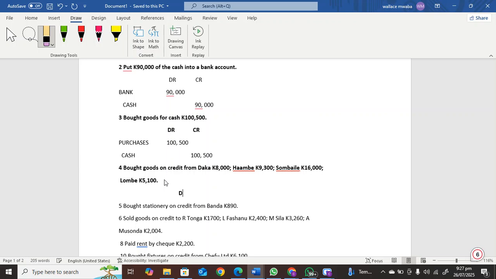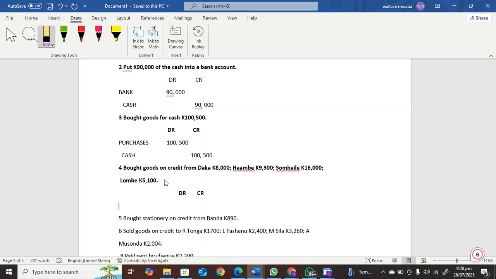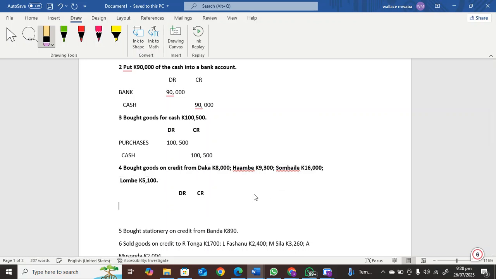Okay. Now here we've got multiple transactions with many people. It says bought goods on credit from Dhaka, Hambe, Sombaile, and Lombe. So here we're going to look at the transactions with each person.